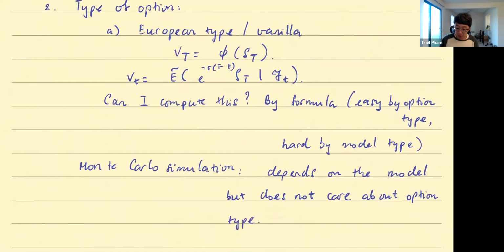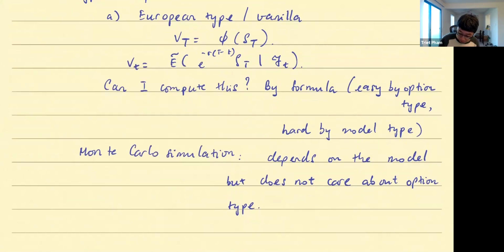But of course, Monte Carlo simulation suffers from a different kind of issue. It has an accuracy issue. In other words, when we say it does not care about option type, I guess what we mean is it doesn't care about how you implement it, at least naively.